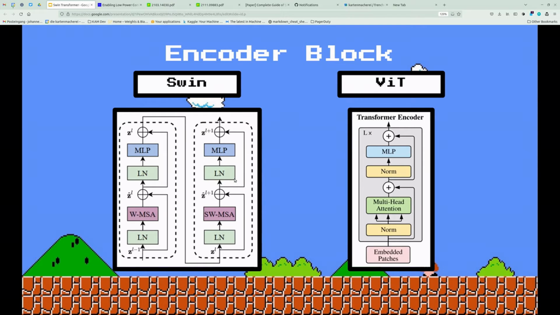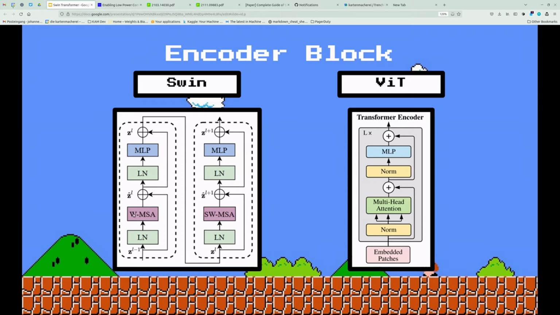Okay, now we get to the encoder block. So on the left side, you see the Swin encoder block. On the right side, you see the vanilla ViT encoder block. And actually for Swin, it's 2 blocks following each other, because that's the graphic that was in the paper, and I didn't want to create a new one. So you can see it's really similar, right? So first there's a layer norm, then you do the attention.